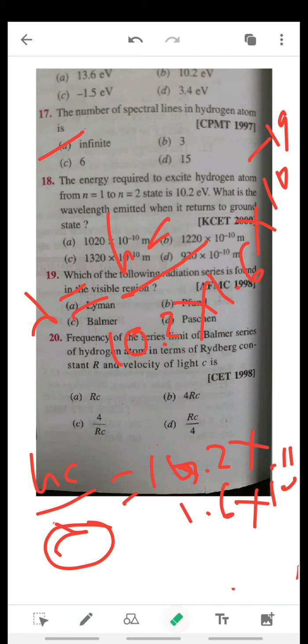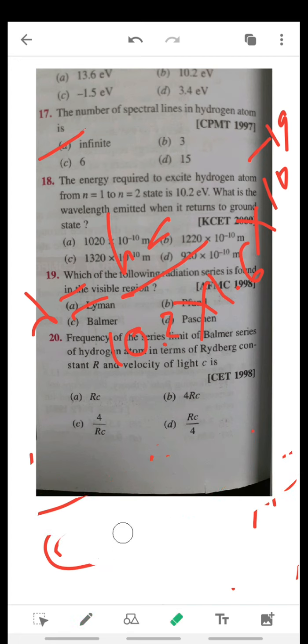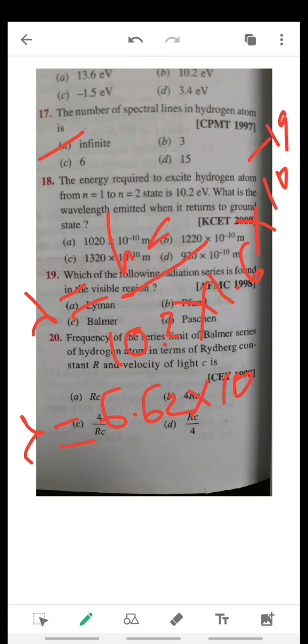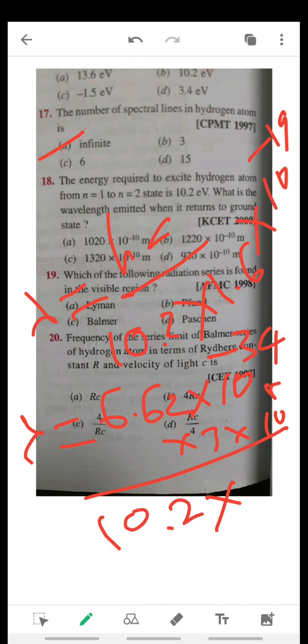Students, here h is the Planck constant and c is also a constant; we already know these values. So lambda equals 6.62 into 10 raised to minus 34, into c, which is 3 into 10 raised to 8, whole divided by 10.2 into 1.6 into 10 raised to minus 19.